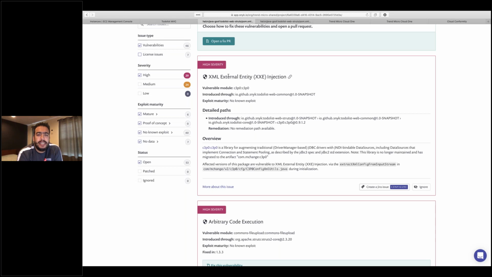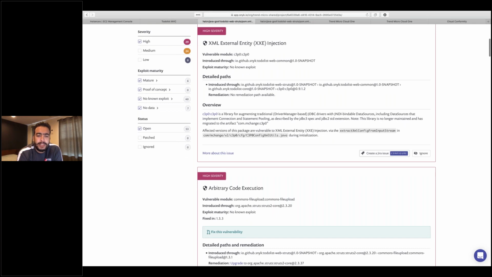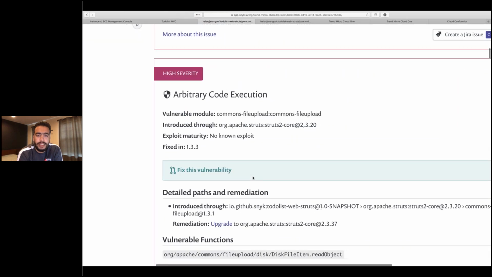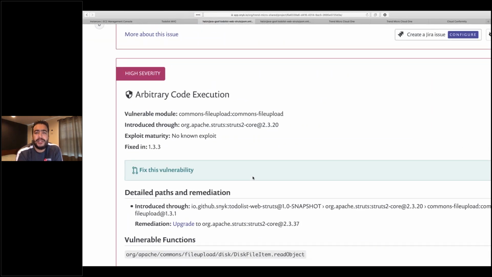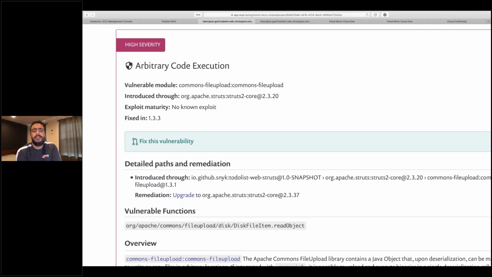So I have an XML external entity injection that doesn't look very good. But what catches my attention here as a security professional is this vulnerability of arbitrary code execution. Those are three words that I never want to hear about together, right?